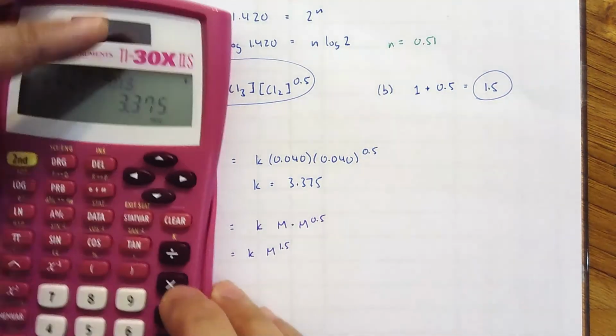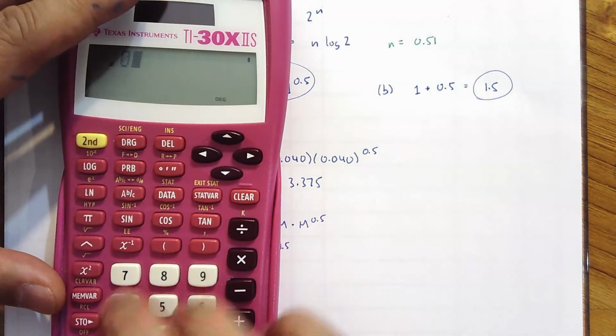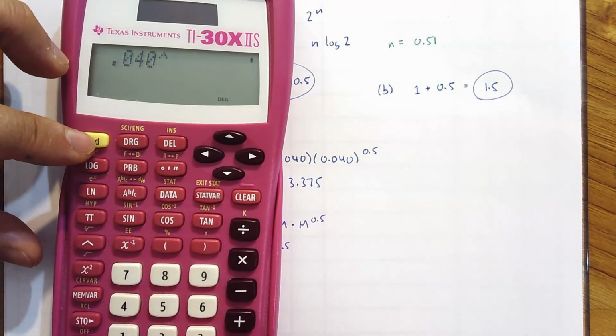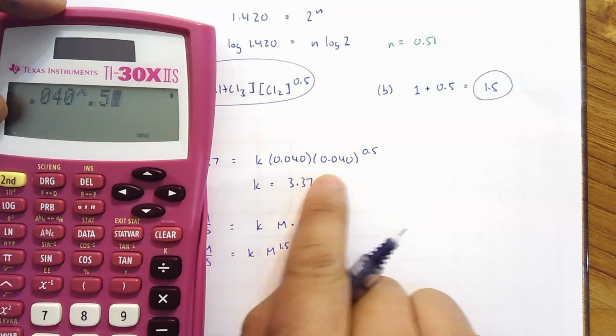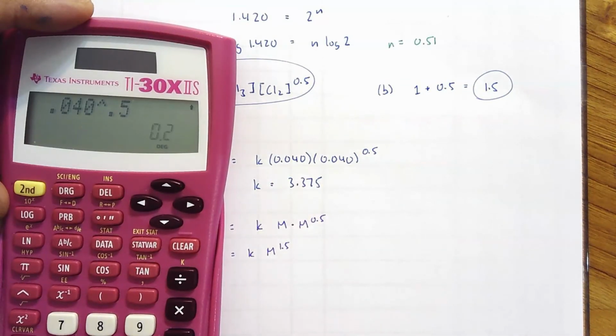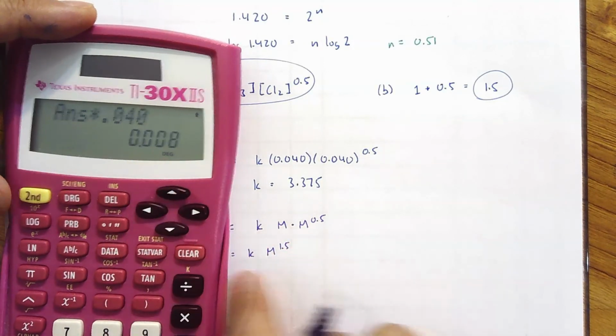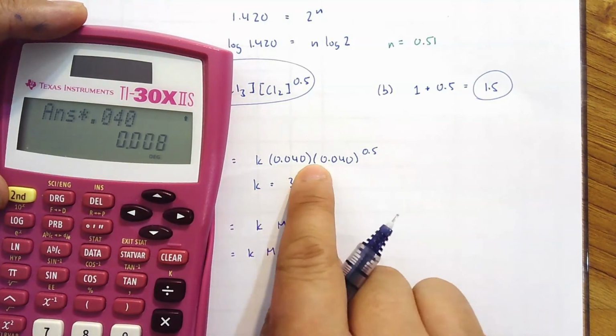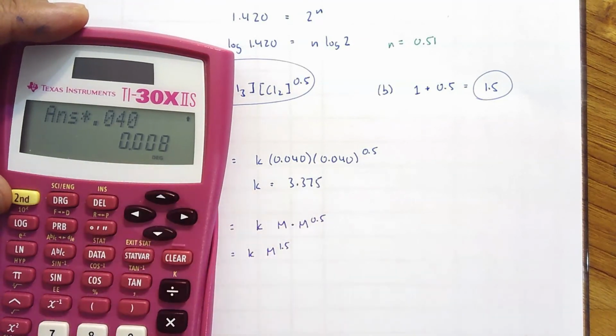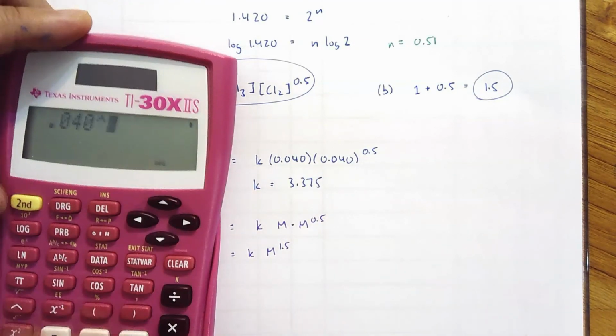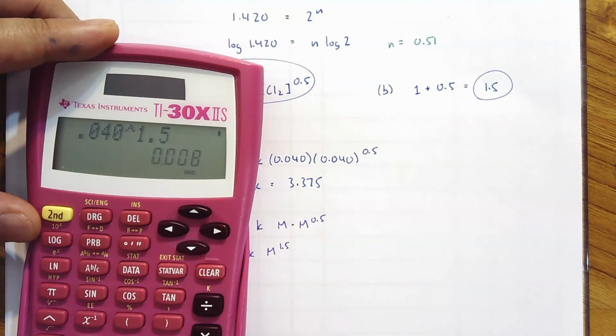Let me double check that. 0.040 caret. So I'm just going to use this as an example. They're both the same. Is 0.2 times 0.040. So it's 0.008. Is it true that this to the 1.5 is that number? 0.040 to the 1.5.